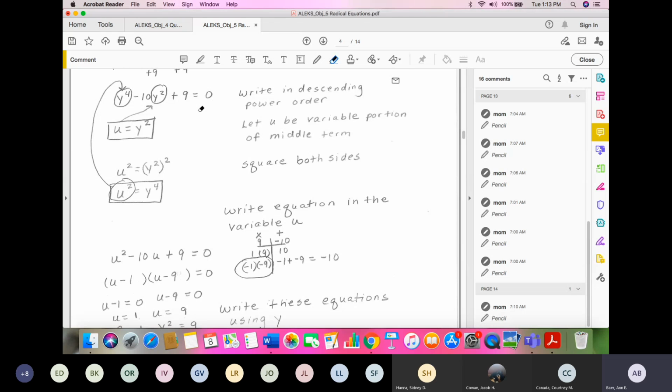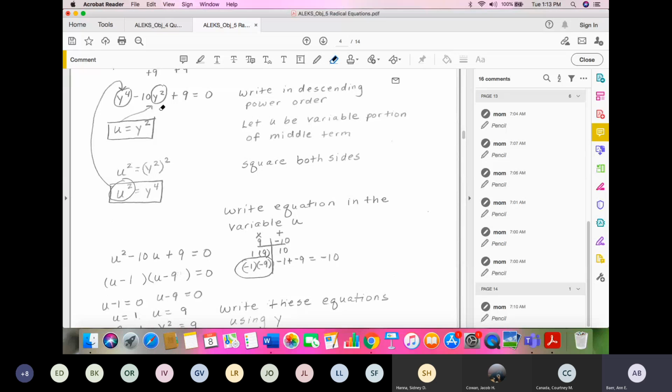You want to pick a different one. Okay, so where do we go from here? Well, what can we put in for Y to the 4th? Well, Y to the 4th is U squared. So we take this Y to the 4th out and we put in U squared for it.